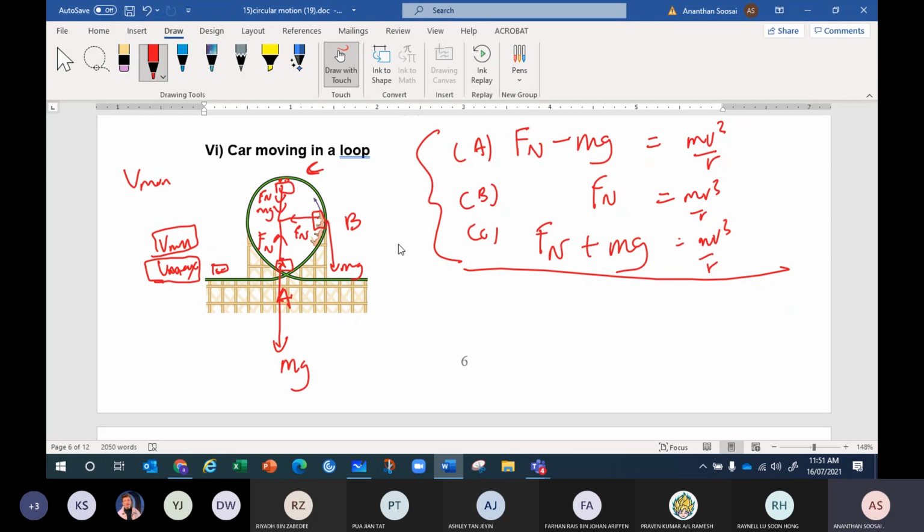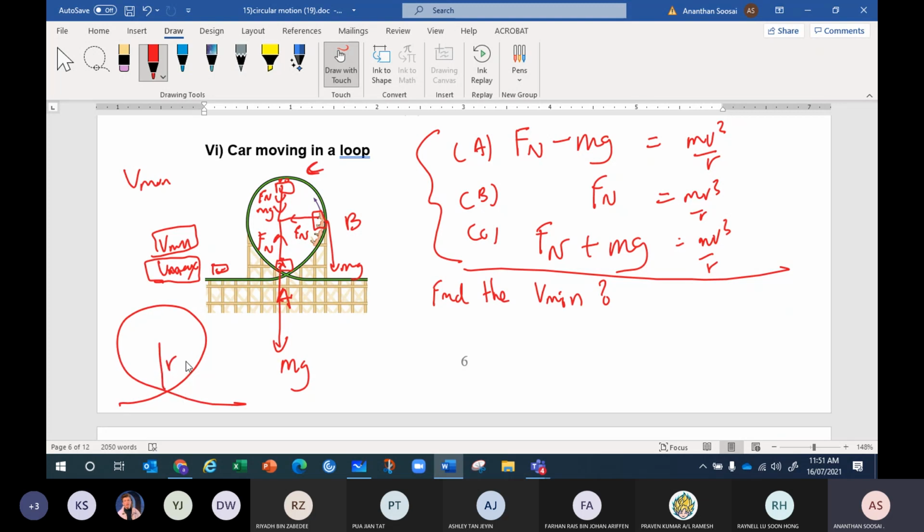So the same situation, I told you, this is the same as the vertical circular motion. In the exam they'll ask, find the V minimum. What is the V minimum for this system, a roller coaster which has a loop with the radius of r?